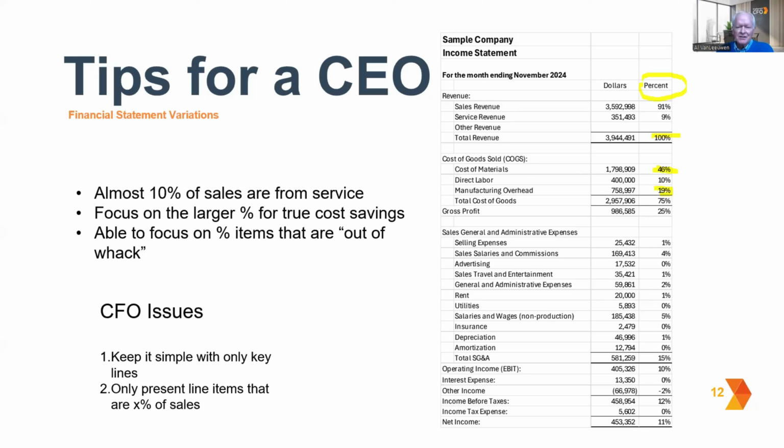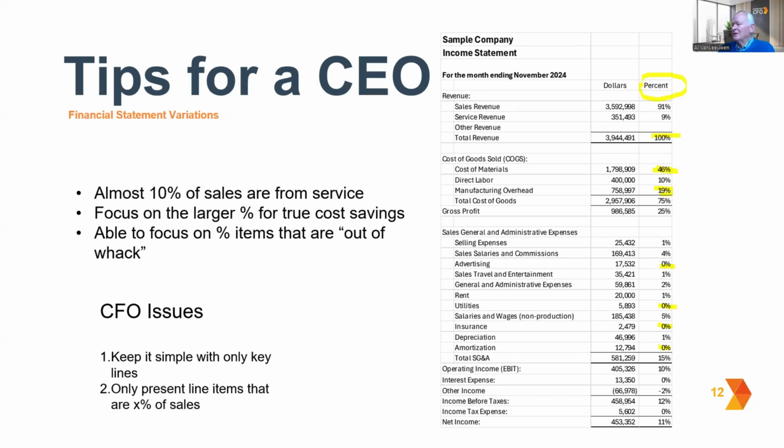When I look at this income statement, I would say, if I were the CFO, I would collapse this income statement because you can see that advertising, utilities, and insurance and amortization are all at 0%. And why not just add those all up and have an other category?